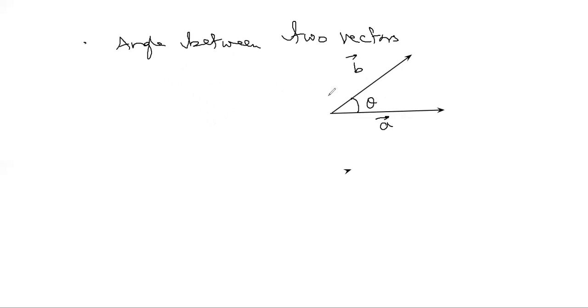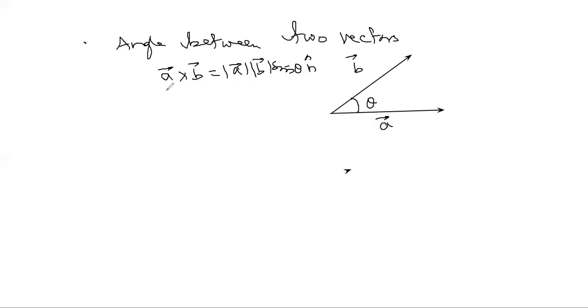So how will we find theta? Theta is a scalar quantity, and you know that A cross B is equal to magnitude of A into magnitude of B sine theta n cap. But if both the vectors are equal, the left side is a vector and the right side is also a vector.